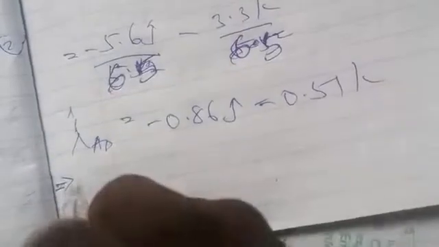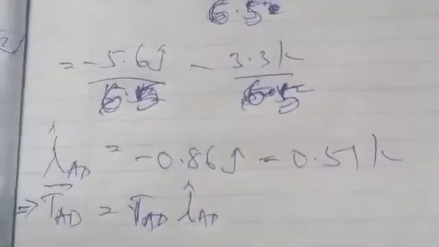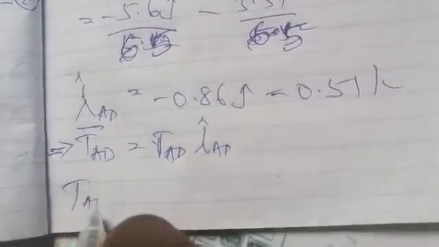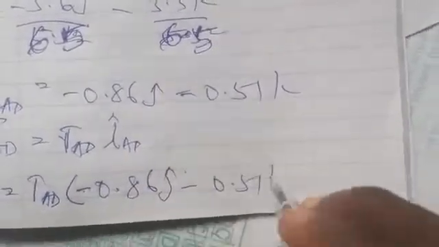Therefore, the tension vector in cable AD is simply the magnitude of the tension in cable AD times the unit vector. The magnitude is not given, so we'll put it down as T_AD times the unit vector, minus 0.86j minus 0.51k.